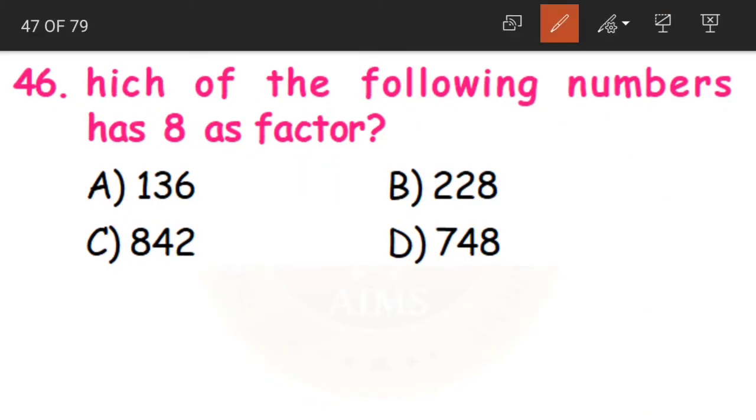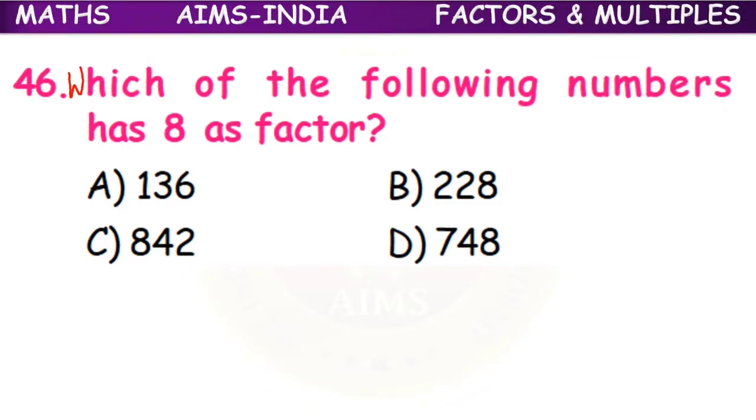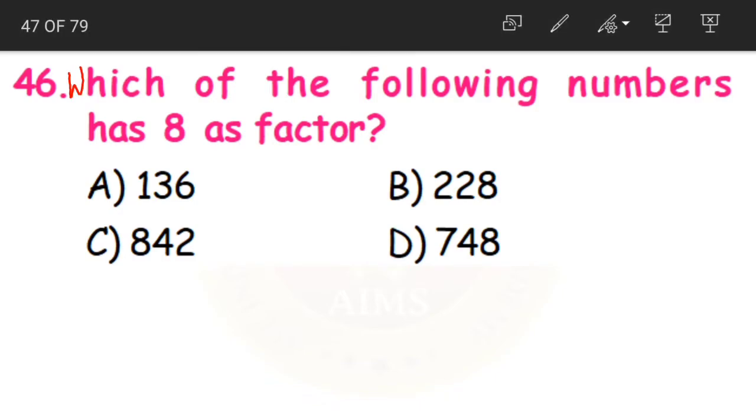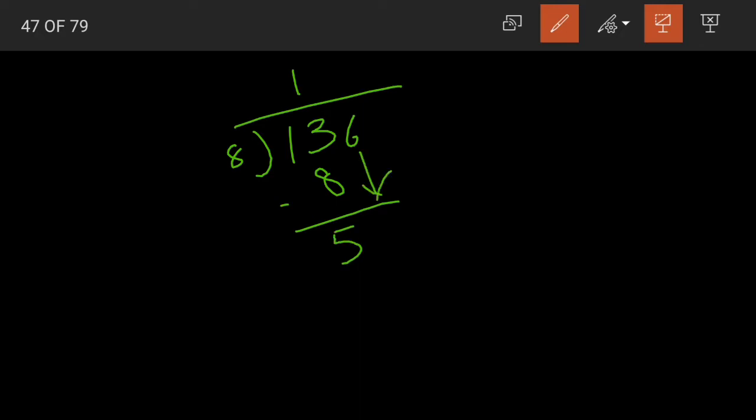Which of the following numbers has 8 as a factor? Now what to do? The only way to solve this question is the trial and error method. Take the first option, 136. Let us see if it is divisible by 8. We have 8 ones are 8. When we subtract, 5 is remaining, 6 brought down. 8 sevens are 56.